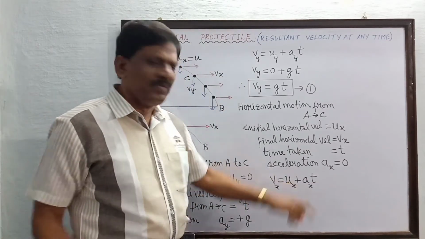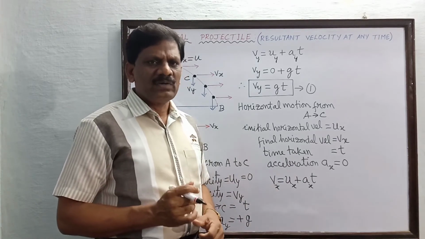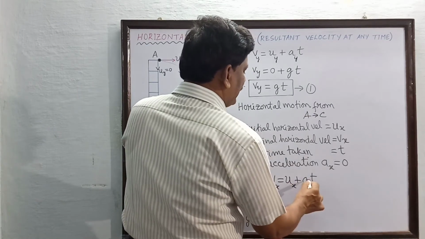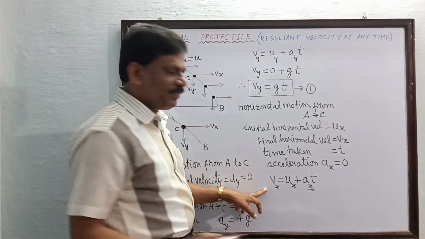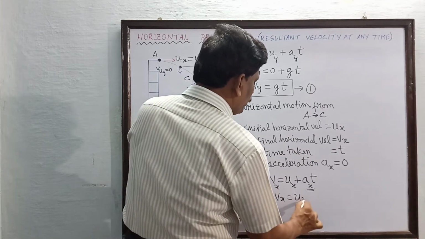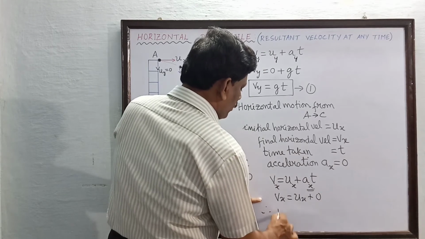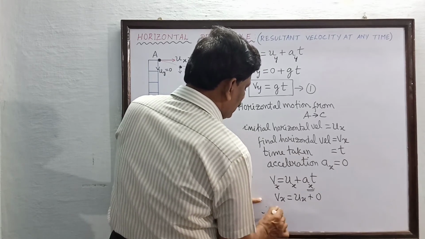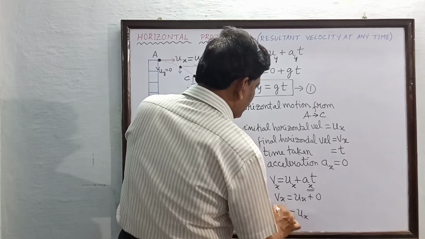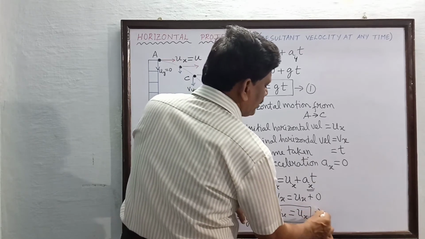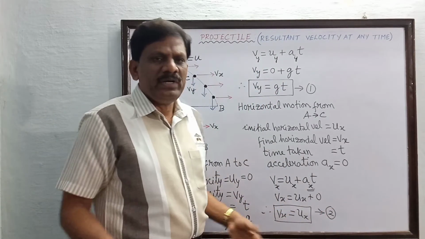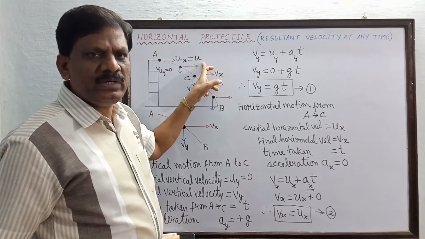What is a? a is equal to 0. So Vx is equal to Ux plus 0. Therefore Vx is equal to Ux. We know that the velocity along the horizontal direction is constant, and this can be taken as u itself.